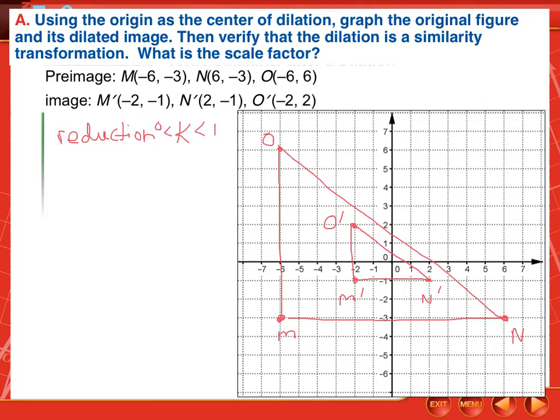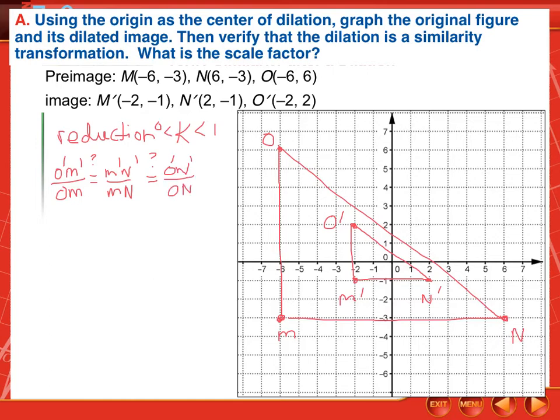So we're always going to want the after transformation sides to be in the numerator. So we're going to have O prime M prime over OM, and we're going to verify is that the same ratio as M prime N prime over MN, and is that the same ratio as O prime N prime over ON.